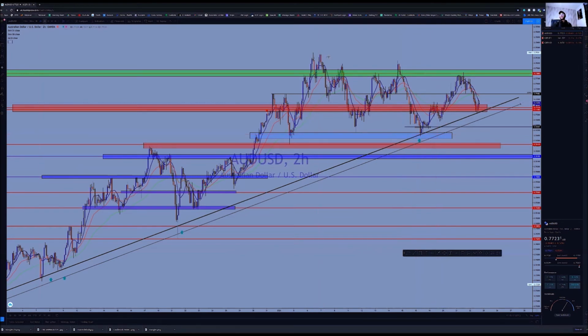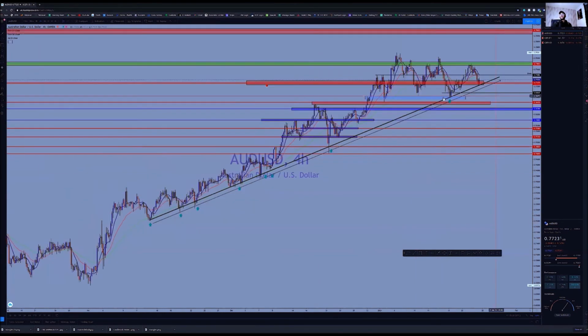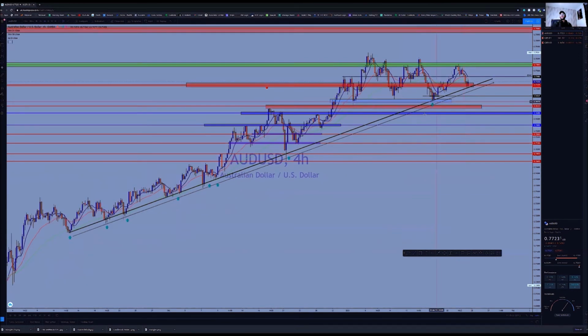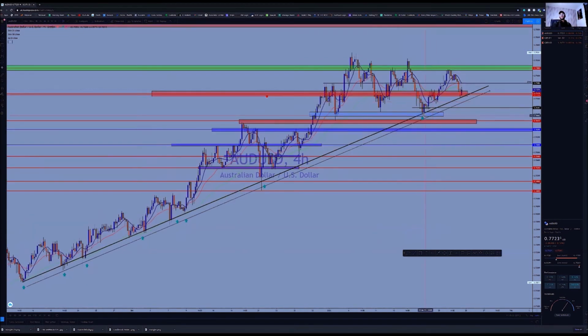And if you look at the higher time frame as well, the 4-hour time frame, you can see a large bullish candle and some indecision candles. So initially we know there are way more buyers in the market than sellers.